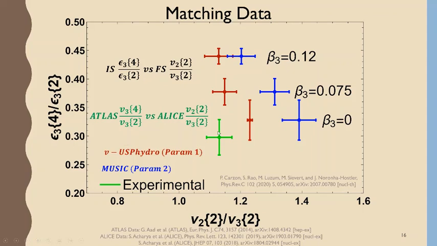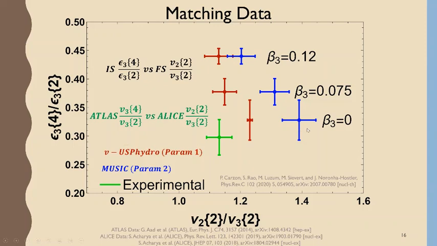And then because the 4:2 particle ratio is a good estimate for the final state ratio, we use the initial state version of that for epsilon3, and then the final state V2 over V3. And so the blue points are using the MUSIC hydro evolution, and then the red points are using VUSP hydro.